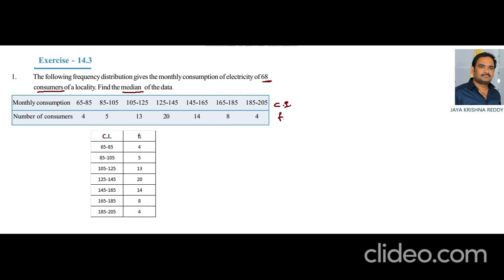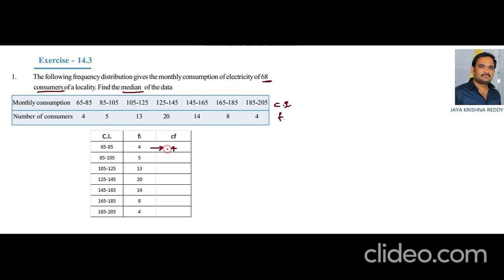Here we have to add one more column, the cumulative frequency, CF. In the first row, write the frequency value as it is. The CF value is 4. The frequency and CF will be the same in the first row.